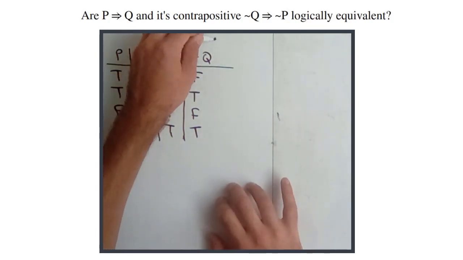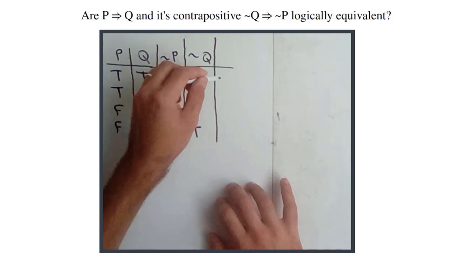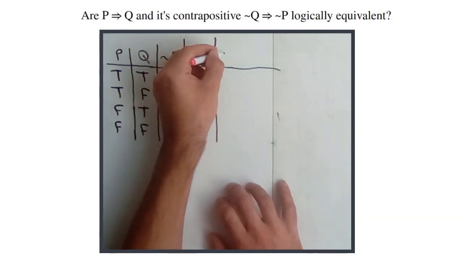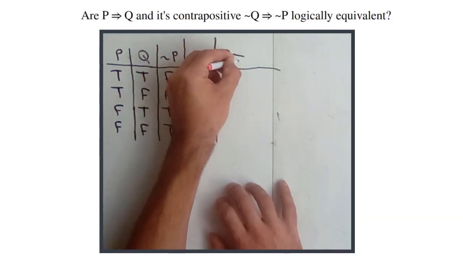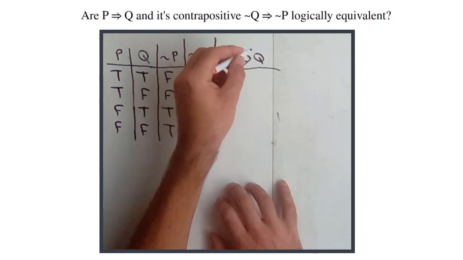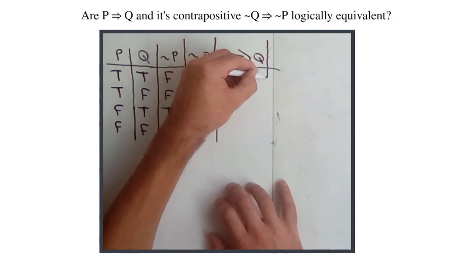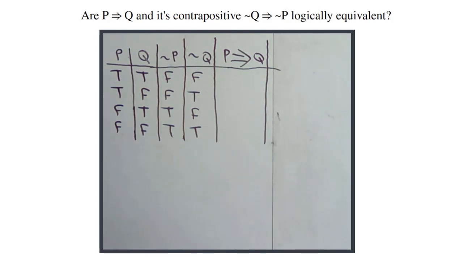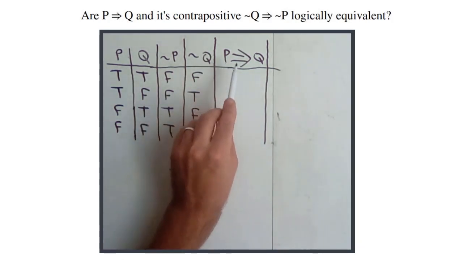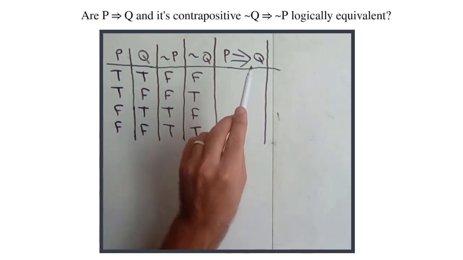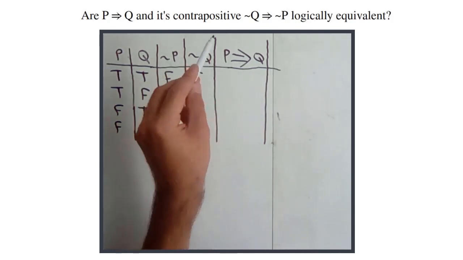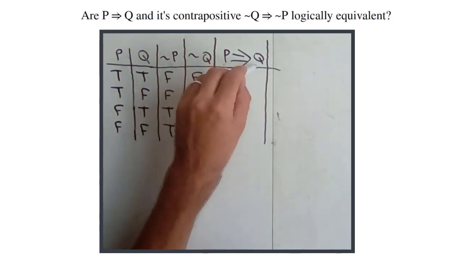So now we can start to do these things. I want a P implies Q column. For P implies Q, remember, for one thing implying something else, it can only be false when it's undeniably false, as in when this is true and this is false.